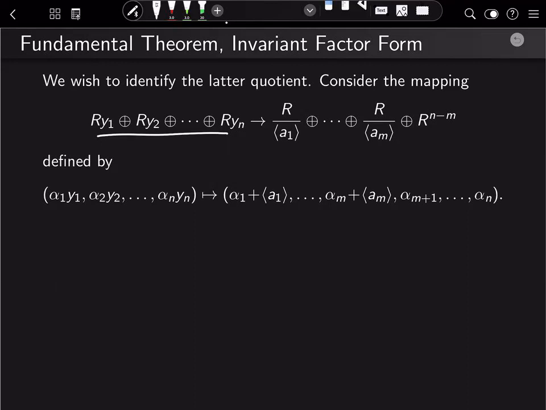If you'd like, this simply means that we have R direct sum R direct sum R, n minus m times.